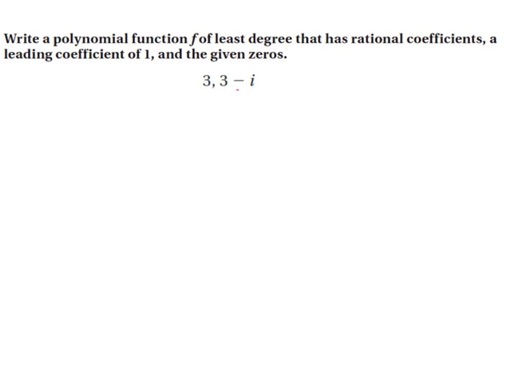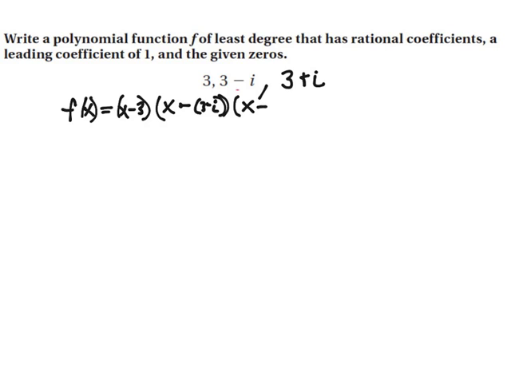All right. Let's do another one with an imaginary. If there is an imaginary, then it's got to have its conjugate. So 3 plus i. All right. So now we rewrite that. We get f of x equals x minus 3, x minus 3 minus i, x minus 3 plus i.